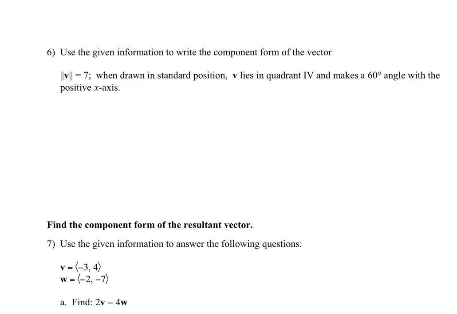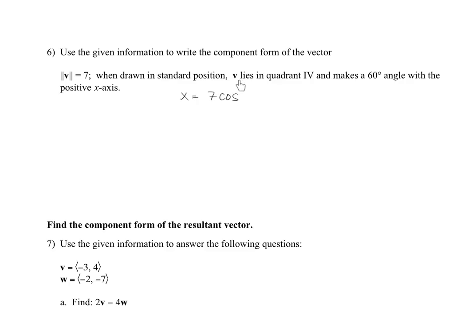Now question 6, when we have the magnitude and the direction, we need to find the component form. So we need the x value and we need the y value of the horizontal component and the vertical component. So the horizontal component, I'm going to say x, is equal to the magnitude times the cosine of the direction angle.